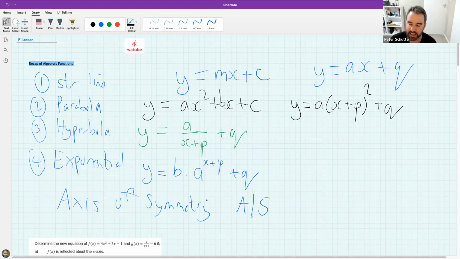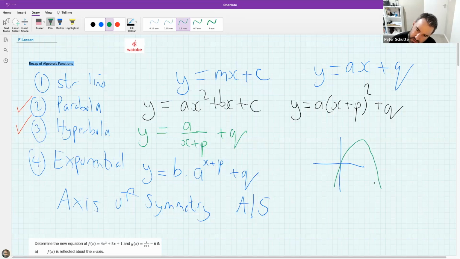So give me numbers in the chat. I see number 3 is getting a lot of attention, and number 2 is getting a lot of attention, which is true. So if you think about the parabola that you normally look at, it's something like this, and the axis of symmetry is halfway between.